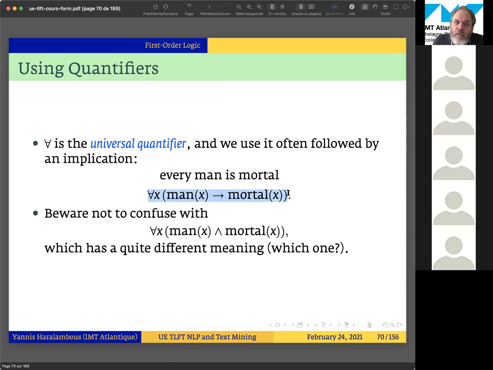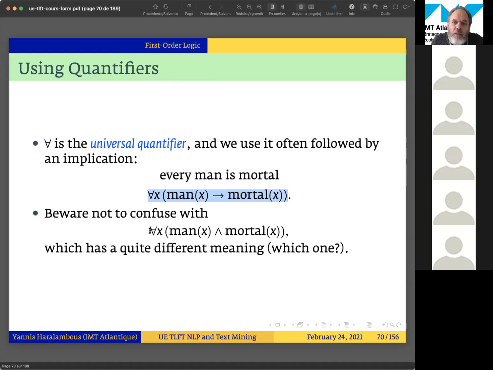This one means for every value of the variable x, whenever this value is a man, then the same value is a mortal. And this is what we mean when we say every man is a mortal.